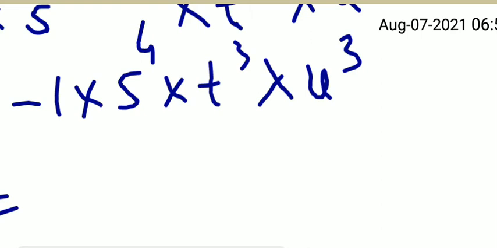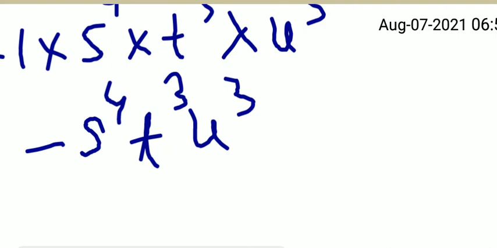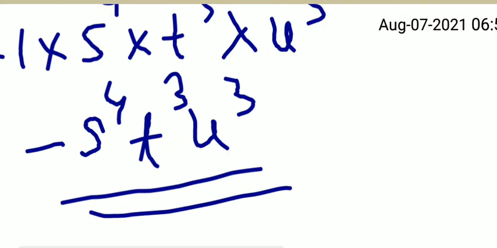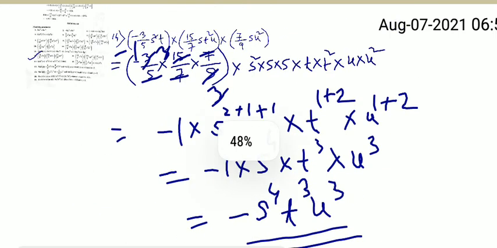Minus 1 no need to write, so write minus s to the power 4 t cubed u cubed. Clear? So this is the required answer, minus s to the power 4 t cubed u cubed. In this procedure we have to solve.